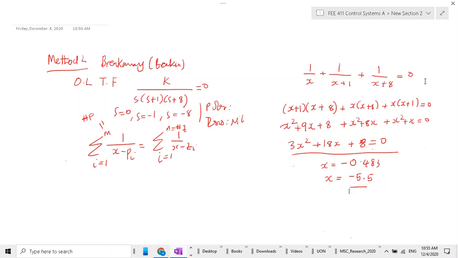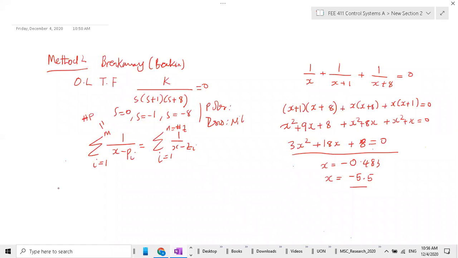Is that clear? Yes. Okay, so you can do this if you have an open loop equation where you have zeros and poles, because differentiating when you have a numerator and denominator, I know it's a challenge. Any method you find comfortable, you can use.